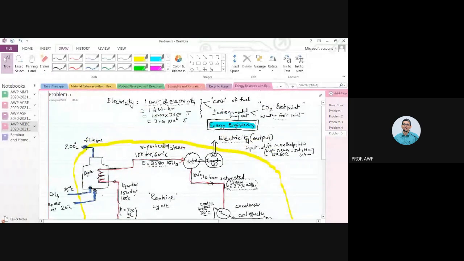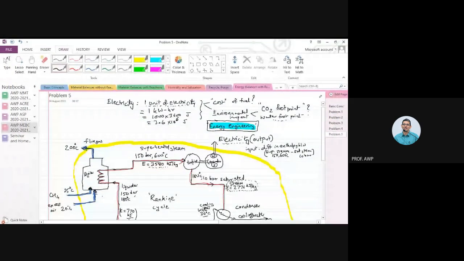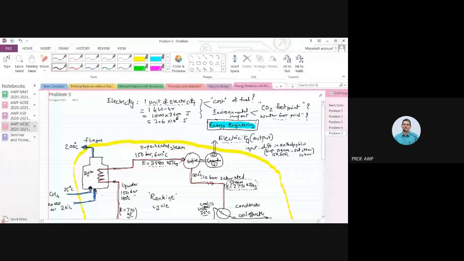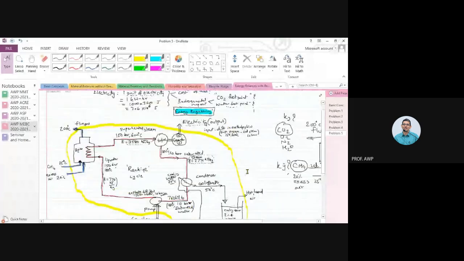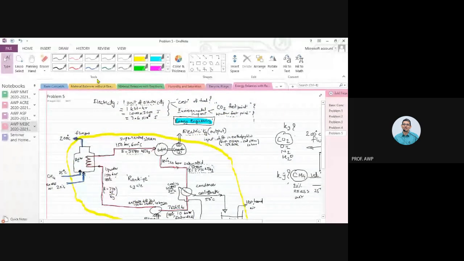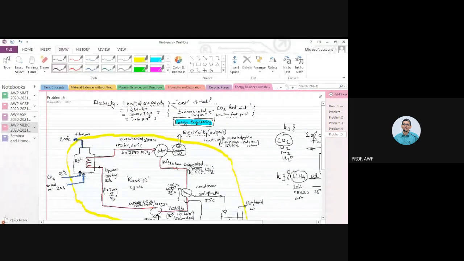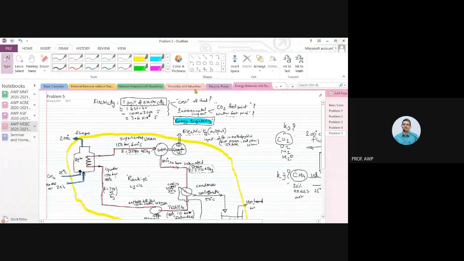Now can you find all these things? Cost of the fuel, cost of the CO2 generated, water footprint. Find out all these things now for yourself. What is our basis? The basis that we want to take is 1 unit of electricity that is generated by this plant. And remember, these are huge power plants, 500 megawatt or 1000 megawatt electric power plants, with huge amounts of electricity generated.